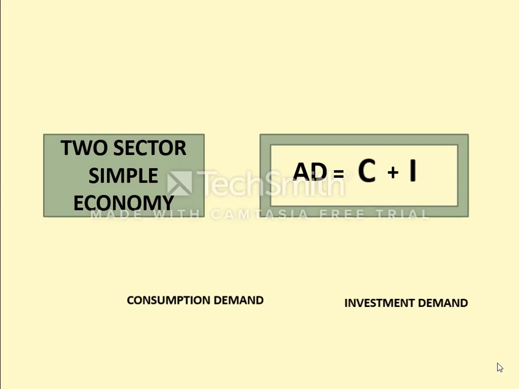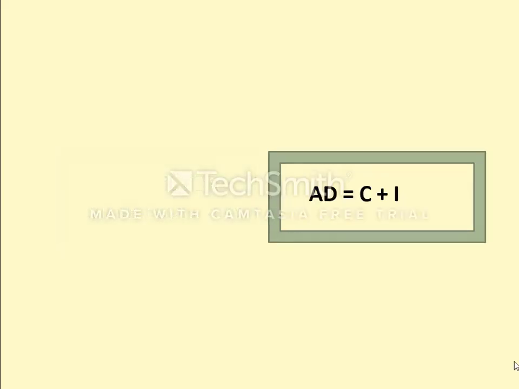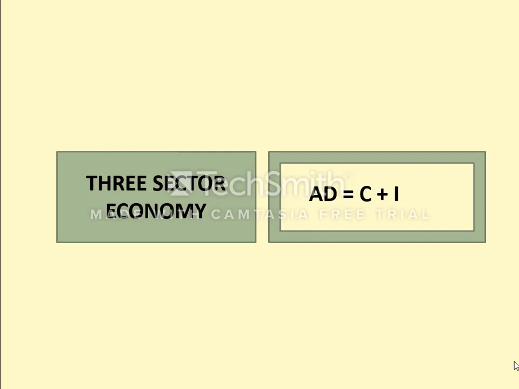However, when we add a third sector in this economy, that is government sector, aggregate demand is added with one more component, that is G, which refers to demand for government goods.